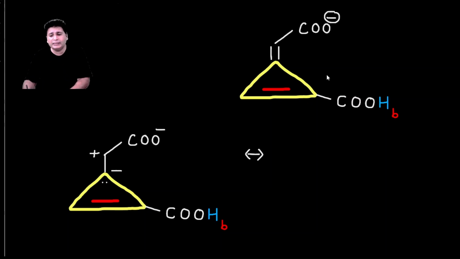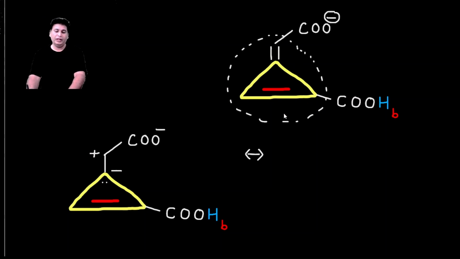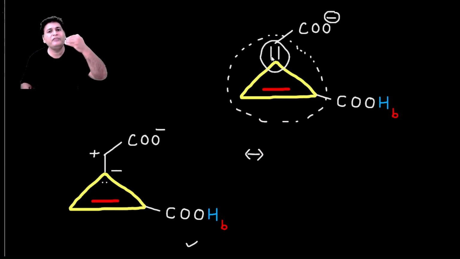Now, as you can see, you have this type of structure associated with the carboxylate group. What I have tried to emphasize in this resonating structure is very important. Look, this double bond, you can polarize it for the convenience of this carboxylate.